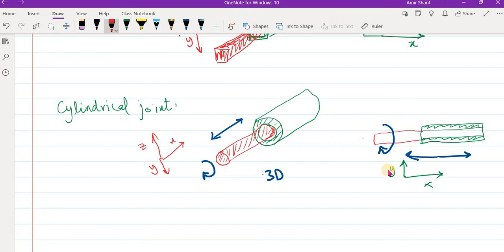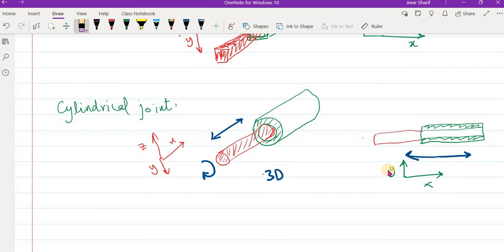So then it's not a 2D. 2D means it's on a paper, it's on a screen, and any type of rotation must be about the z-axis, not about the x-axis. Then it's not 2D. So here I made a mistake. So this is not correct. This is a 2D version. It can only move forward and backward, but we cannot describe its rotation about the x-axis.